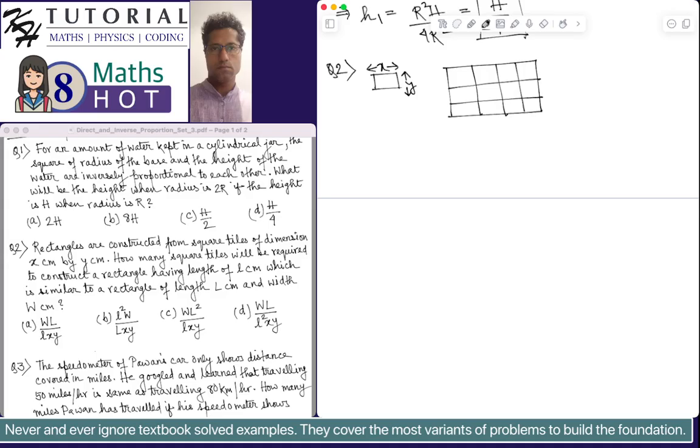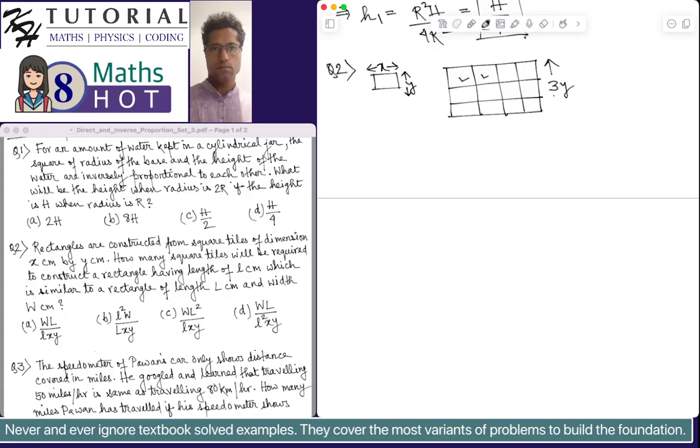For this rectangle, the width will obviously be 3y, since the tiles are of dimension x centimeter by y centimeter, so x means length and y means height or width or breadth.